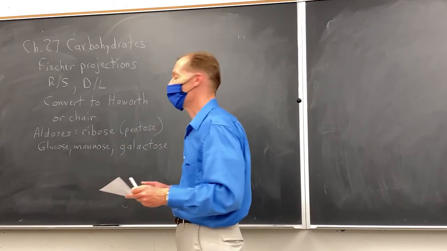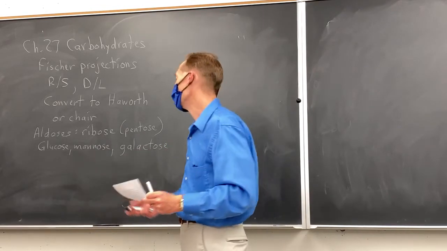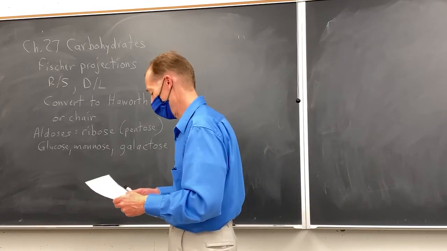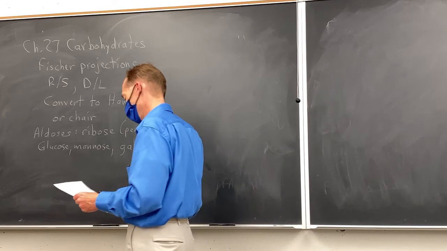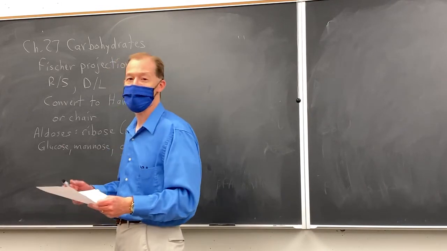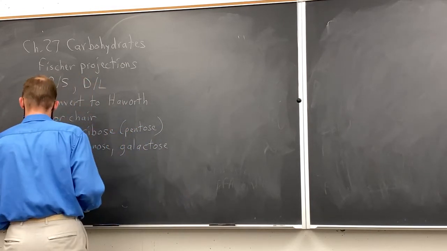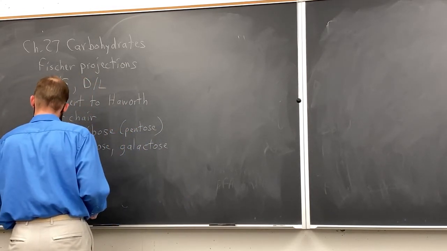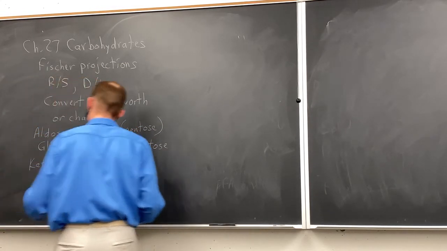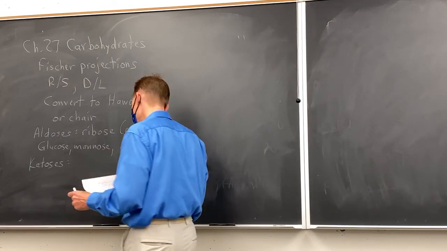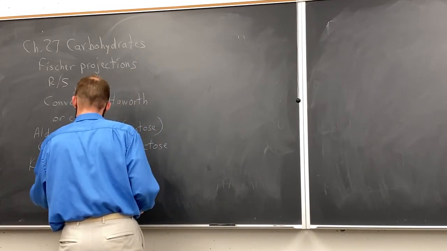And of course, mannose and galactose are just epimers of glucose. So memorizing them, as long as you know the structure of glucose, it's pretty straightforward to know those other structures. And then ketoses, there was only one ketose that's important in nature, and that is fructose.